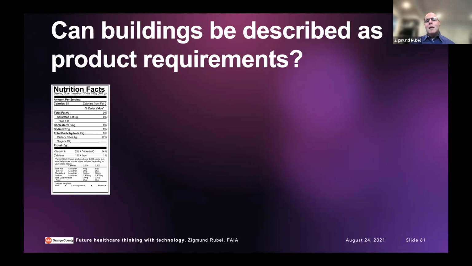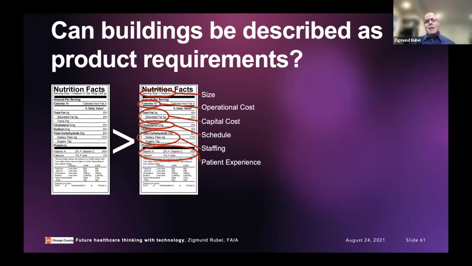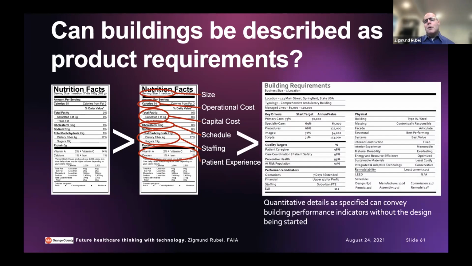And the reason why technology can play an important role, especially in healthcare, is that we can create data tables for healthcare buildings so that that simple nutritional chart that's on every piece of food that you buy in a supermarket can be on a building. A nutrition label or a building data label for healthcare maybe will not look exactly like that, but can be provided so clients can make more rational decisions.